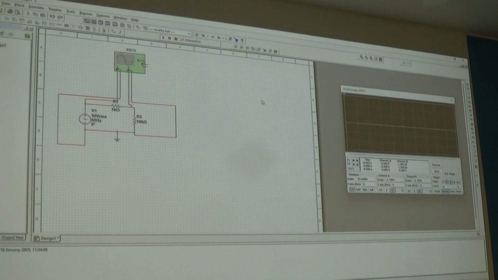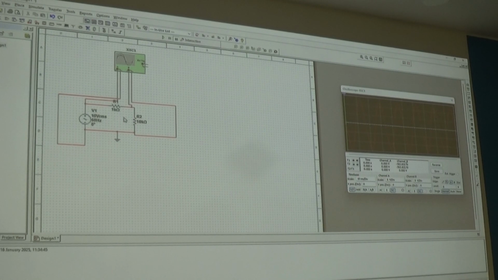Now, if I want to make them pretty much exactly the same, what value of resistor do I need? Speak up? No resistance at all, or like shorted out. Yeah, 0. So if I put 0 in there, what that means is the input is the same as the output, so I get the same waveform, right?